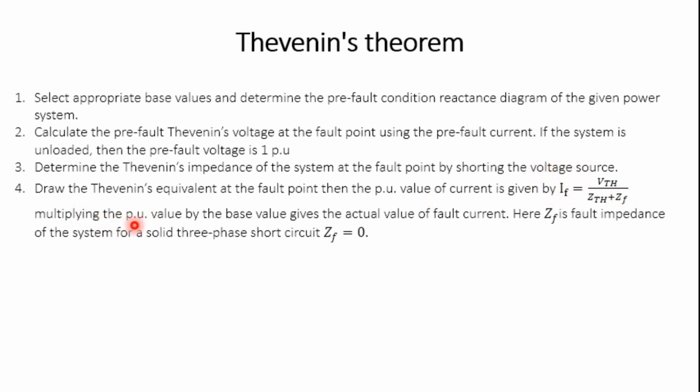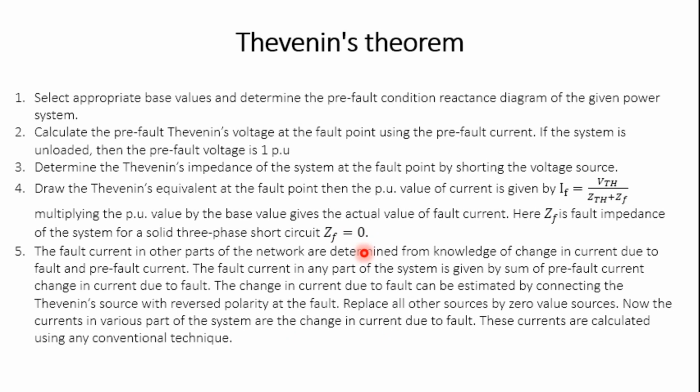Multiplying the per unit value by the base value gives the actual value. Already we know that. ZF is nothing but the fault impedance of the system. In the case of a solid three phase short circuit, we consider ZF equal to 0.